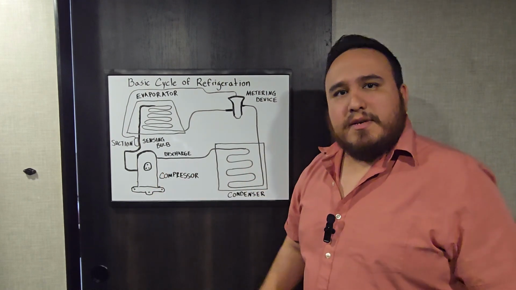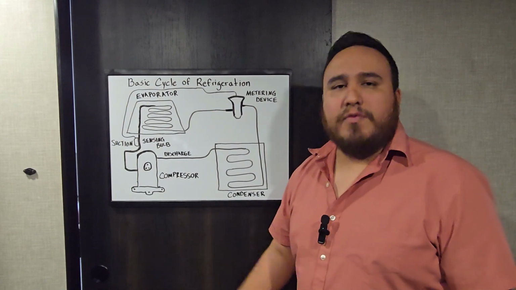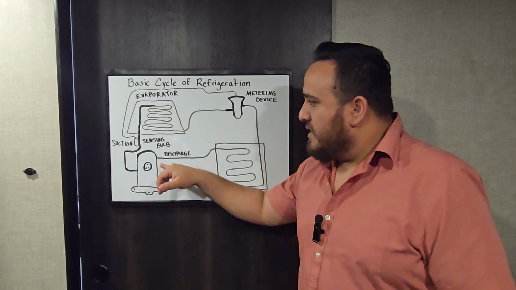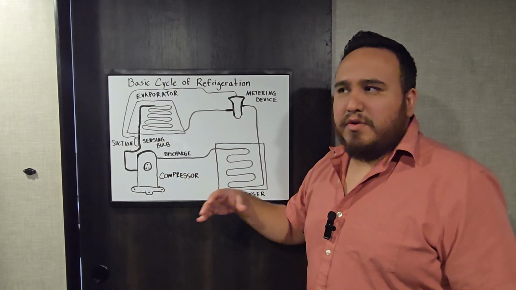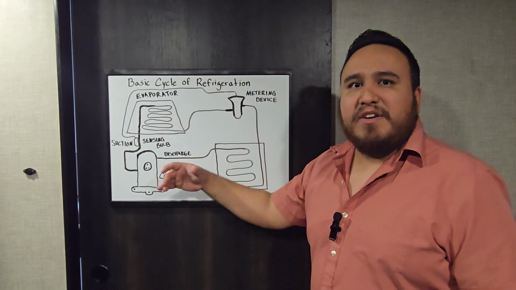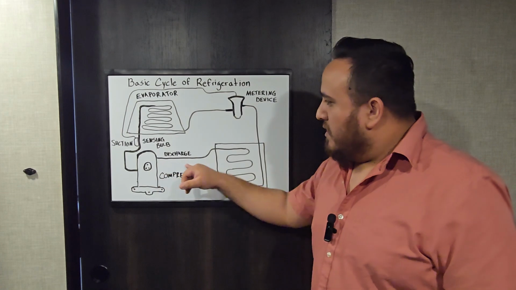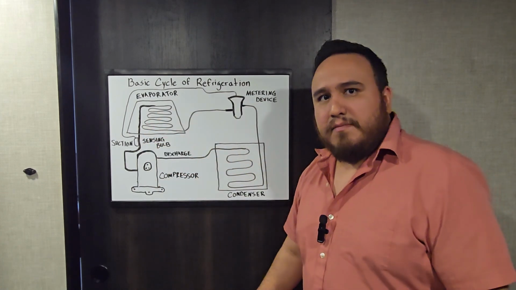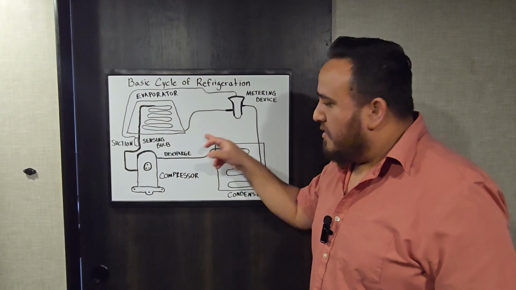And that is known as the refrigerant. We have to understand that this system is a closed and sealed system. That means that all these copper lines are just one complete circuit, like a complete circle.